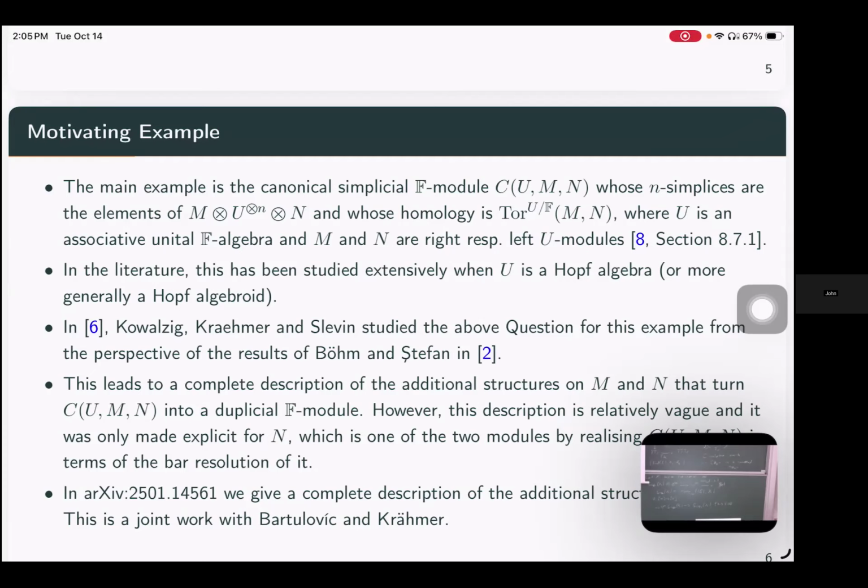Now, this has been done for various cases where U is a Hopf algebra or a Hopf algebroid.